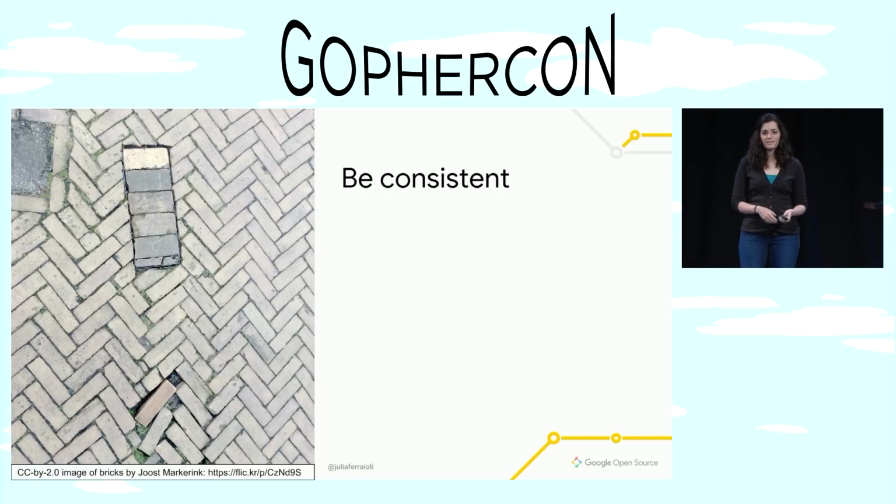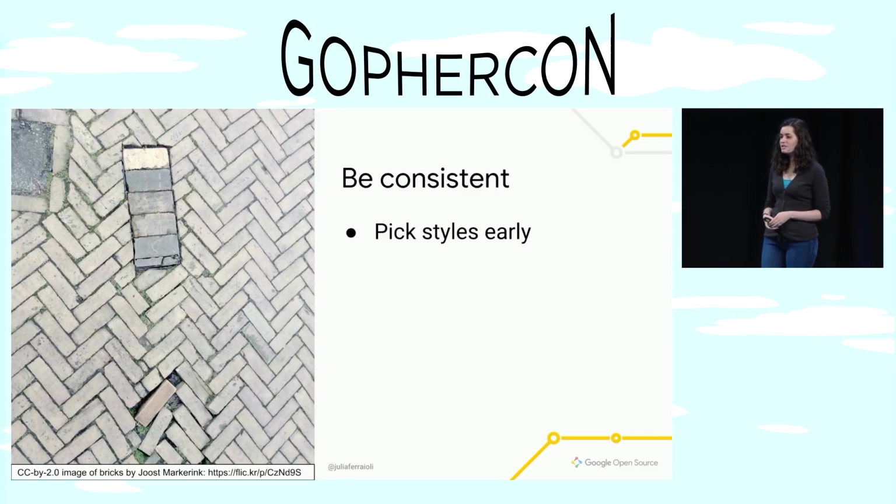Now, the hardest thing that I have to tell people, the hardest thing to enforce, is consistency. Whatever styles you pick, discuss them with your team early on, document them, and follow them.